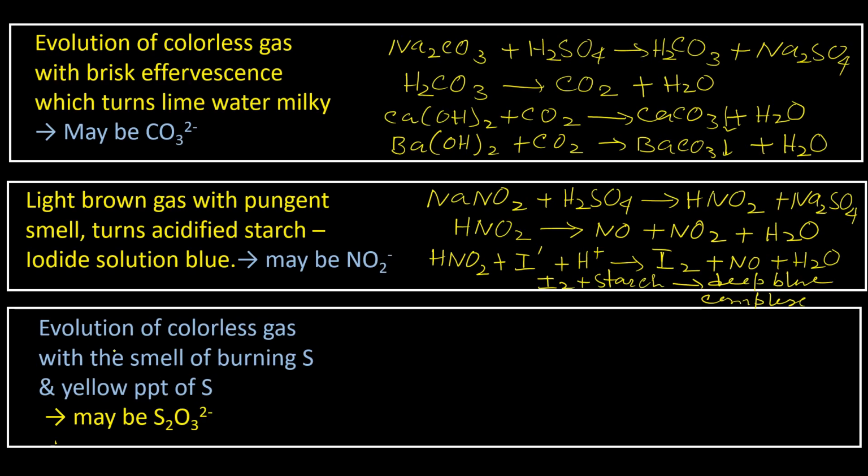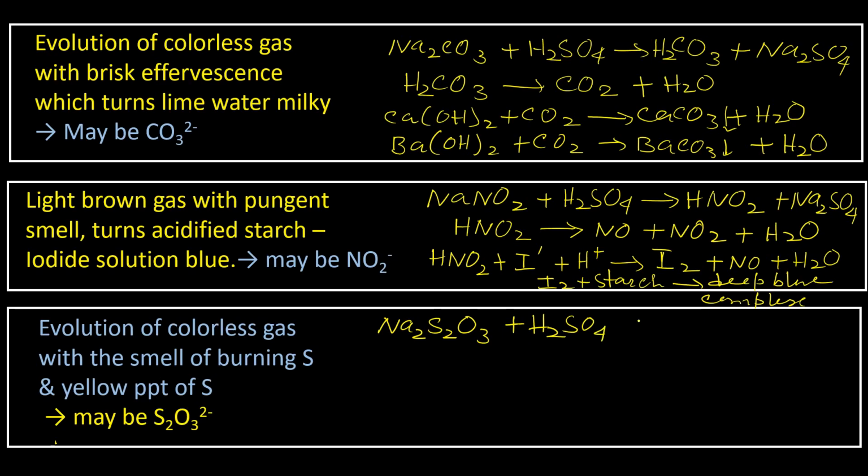Now coming to this one, if we get evolution of a colorless gas with the smell of burning sulfur and a yellow precipitate of sulfur, then it may be thiosulfate. Here also the same principle. Say you take sodium thiosulfate, plus you have sulfuric acid, which is stronger.